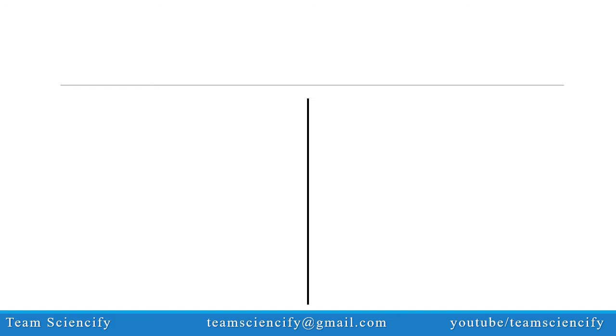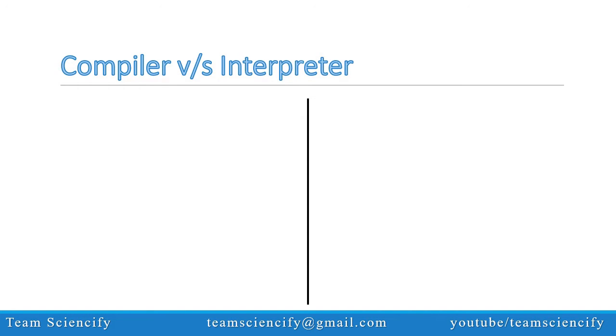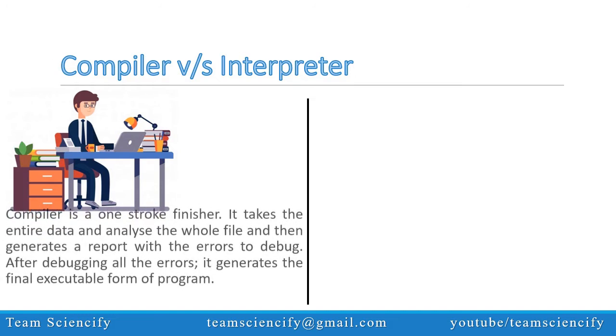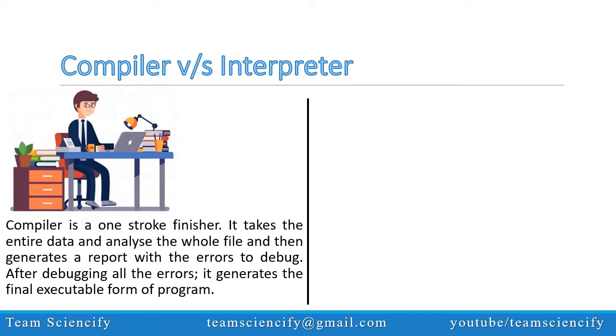Here, let's take a few moments to understand the basic difference between compiler and interpreter, as we have already said that they are assigned the same task but work differently. A compiler is a one stroke finisher. It takes the entire data, analyzes the whole file and then generates a report with the errors to debug. After debugging all the errors, it generates the final executable form of the program.